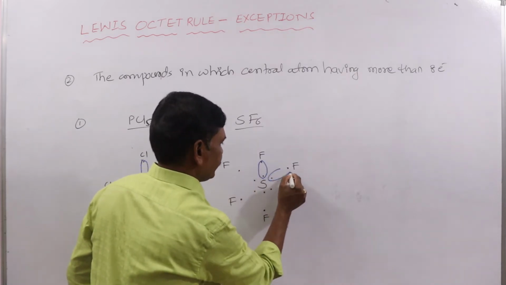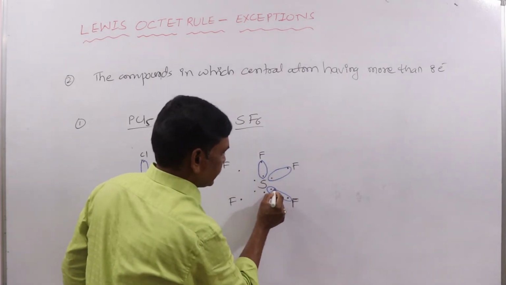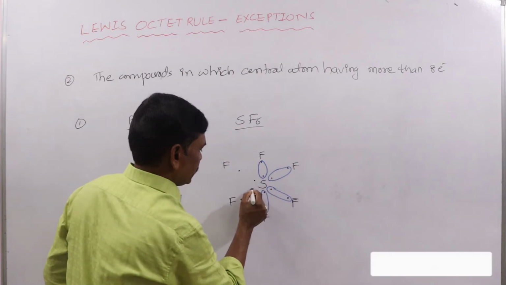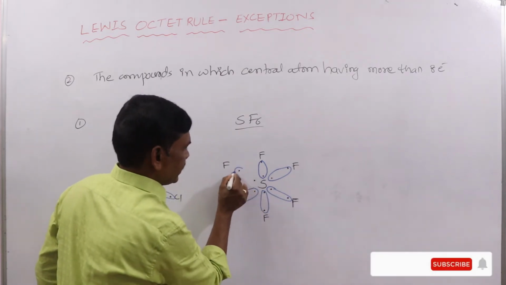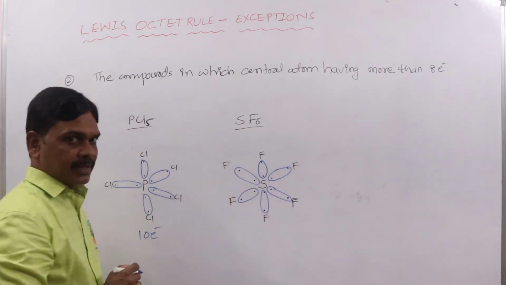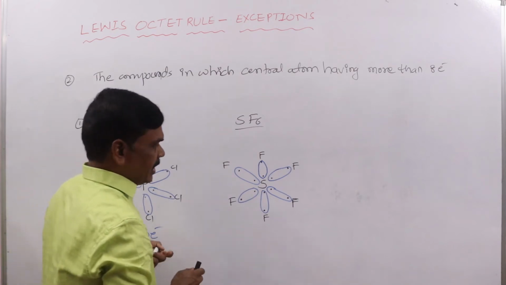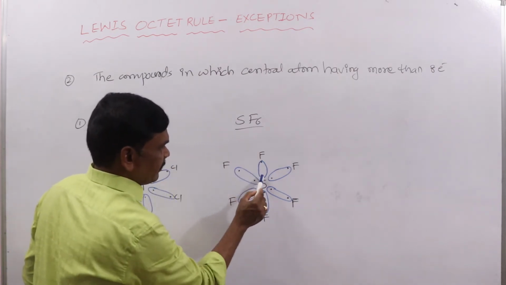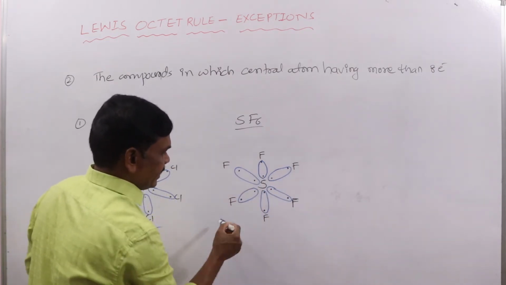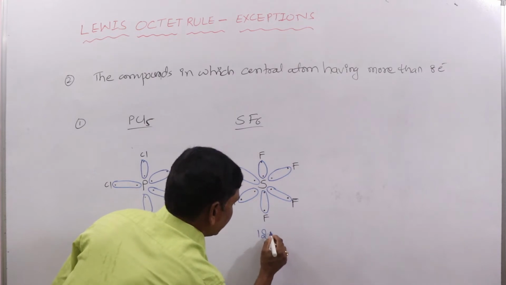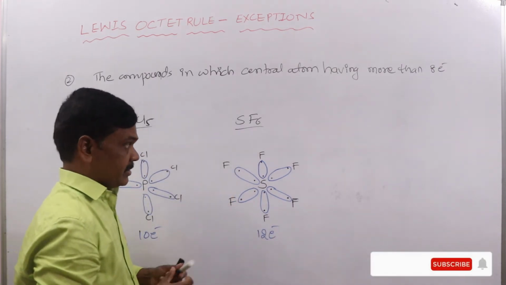First bond, second bond, third bond, fourth bond, fifth and sixth bond. Here total how many electrons? 1, 2, 3, 4, 5, 6, 7, 8, 9, 10, 11, 12. So total 12 electrons.